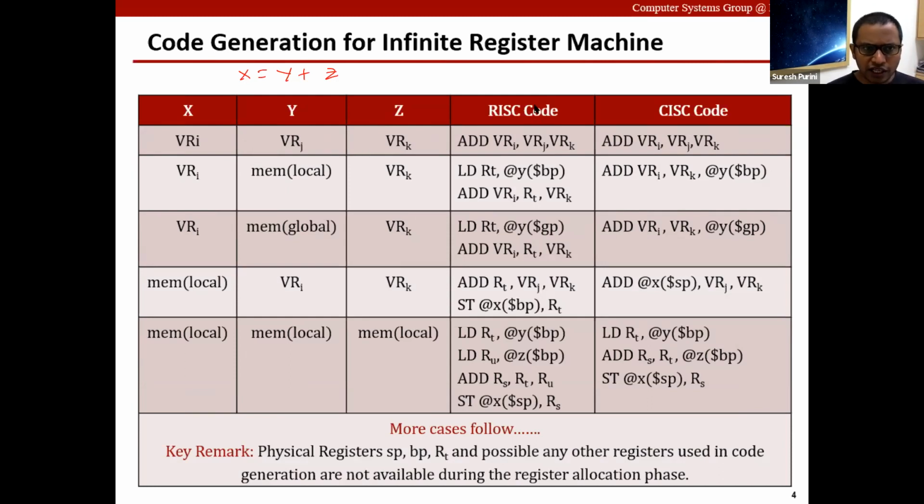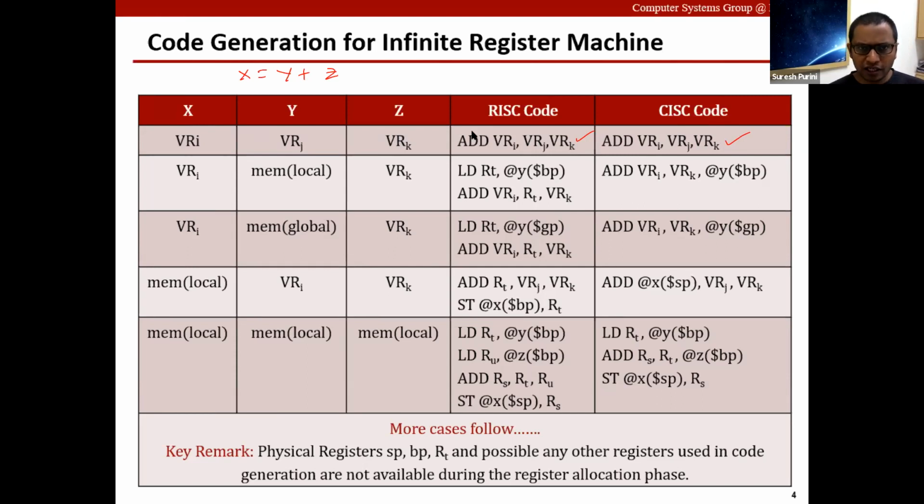Then the code that we generate, if it's a RISC instruction set architecture, would be something like this. And even for a CISC instruction set architecture, in this particular case, the generated code looks very similar. There is an assumption that these variables x, y, z are already promoted from memory to virtual registers, and corresponding to that promotion, we would have generated code somewhere ahead.